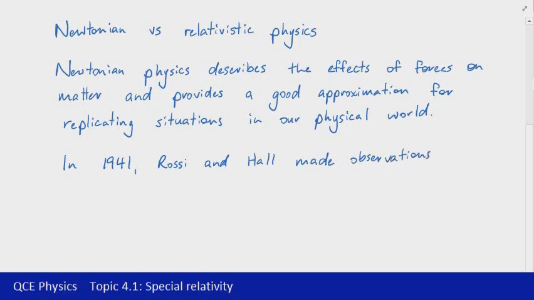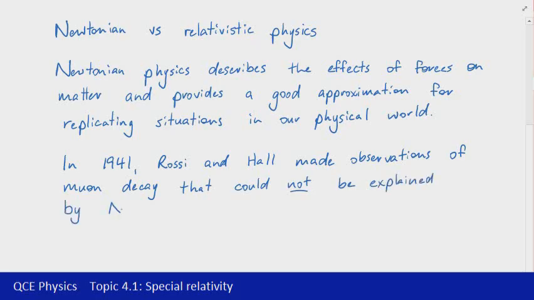And more importantly, to start with, is that those observations that they made couldn't be explained using Newtonian physics. So if you tried to apply those laws of motion as developed from Newton's laws of motion regarding forces, the explanation of the observations from this experiment couldn't be explained using those laws of physics.